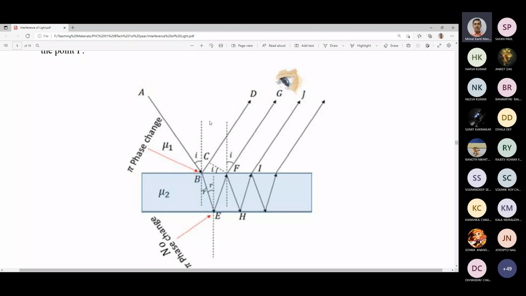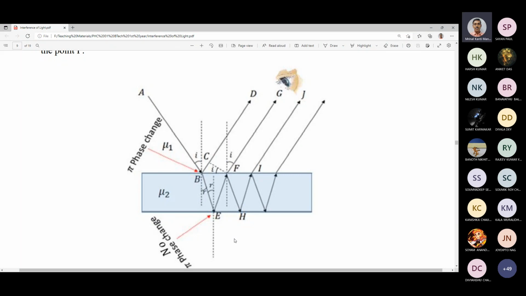Now we consider a beam AB falling at point B on this interface. It will produce one transmitted beam and another reflected beam. The first reflected beam is CD. Then the transmitted beam will again produce one reflected beam at point E, that is EF, and it also produces another transmitted beam.